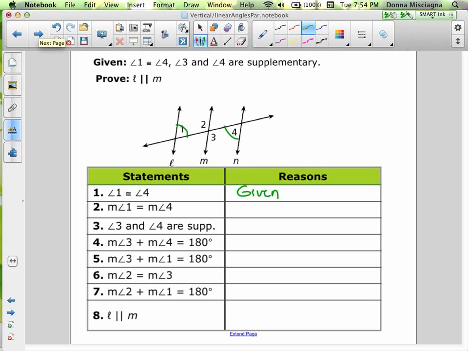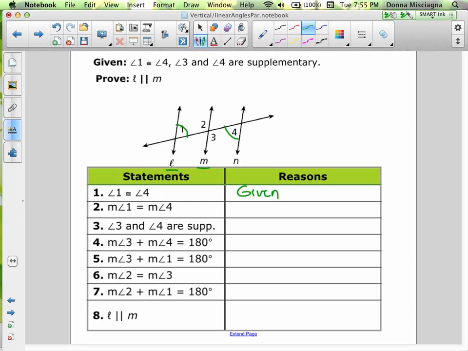But the lines we're trying to prove parallel are L and M. And notice that angle 4 there is on line N. So angle 4 is really not helping us on its own. However, we can use that piece of information to get to know something about the angles on line M, and then we can prove that line L and line M are parallel to one another.